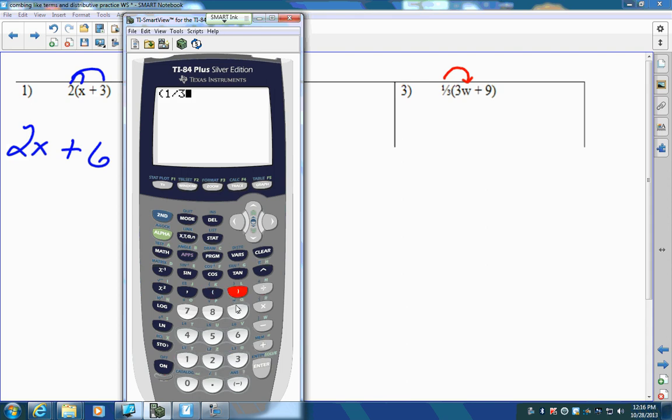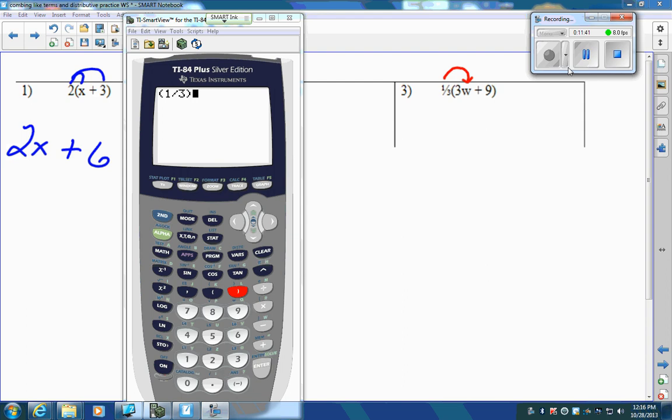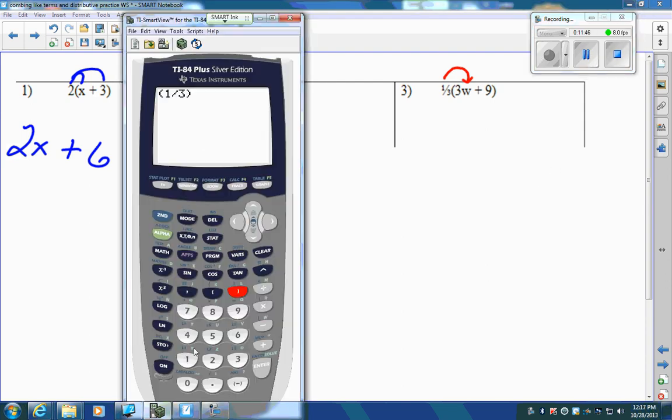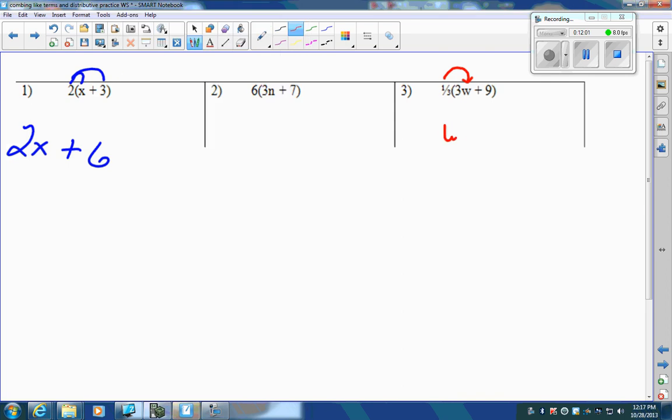Look what I did. So to go through and do this, I put 1/3 in the calculator, and then I'll take it times 3. And press enter. 1/3 times 3 is 1. So I have 1w, or just w.